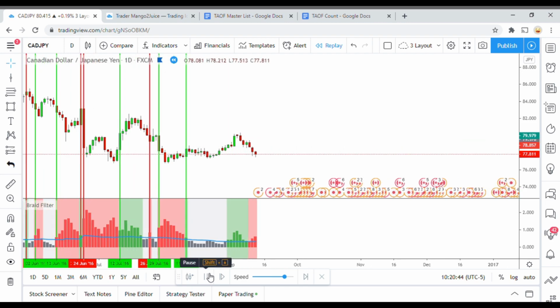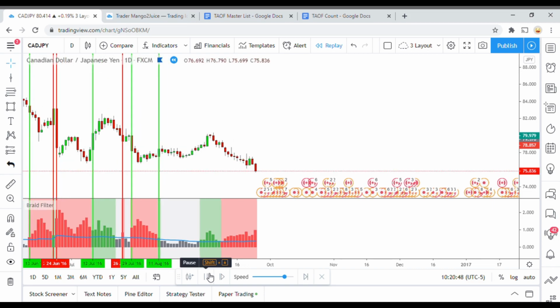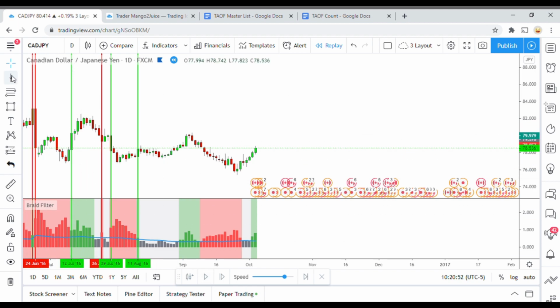This one seems very similar to that. We'll scroll back and take a look at some of the trades here in just a second.